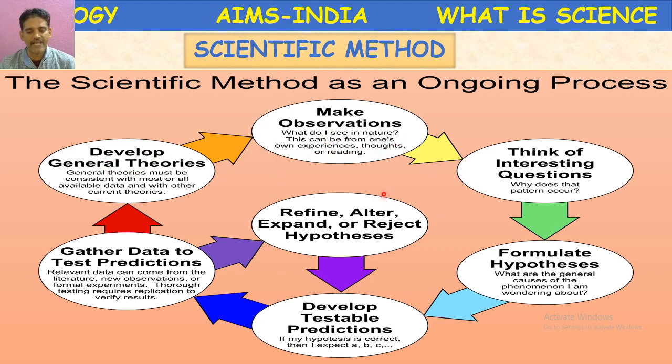Children, when scientists try to find an answer to a question, they do an experiment. For doing that experiment, they use thinking tools, those thinking tools which we have discussed now. What are they? Process skills.